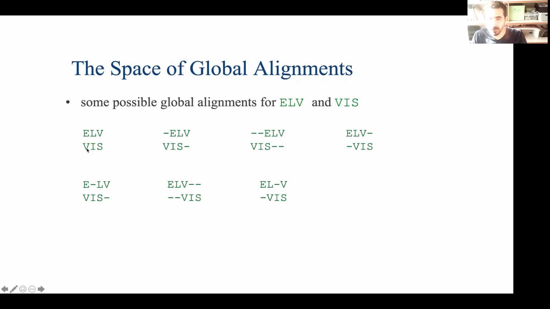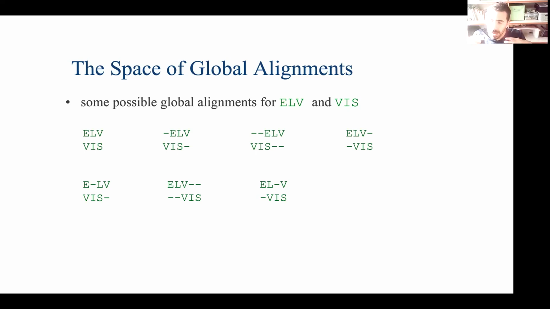We can align E to V, L to I, V to S. Or you would like to align E and I for some reason, and then you have to introduce a gap here and a gap there. Or you would like to align V and V together, then it means that you have to introduce gaps over there. So on and so forth. So even with these only three letter words, we have many possible alignments, right?